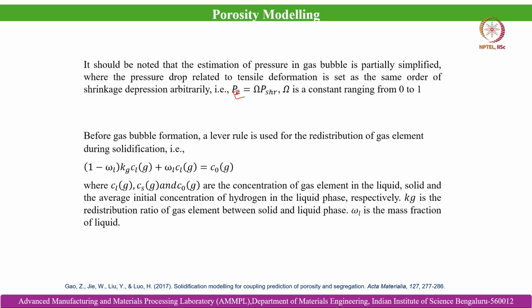Here C L g, C S g and C 0 g are the concentrations of the gas element in the liquid, in the solid, and the average initial concentration of hydrogen in the liquid phase respectively, where Kg is the redistribution ratio of the gas element between solid and liquid phase, and omega L is the mass fraction of liquid. So, with this we can move ahead.